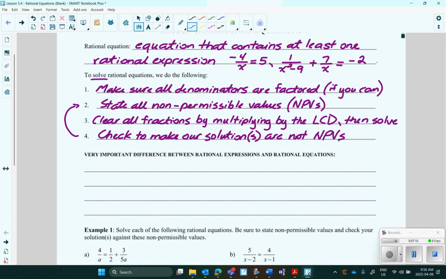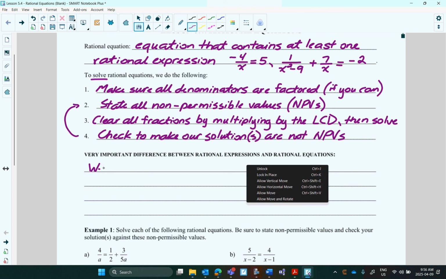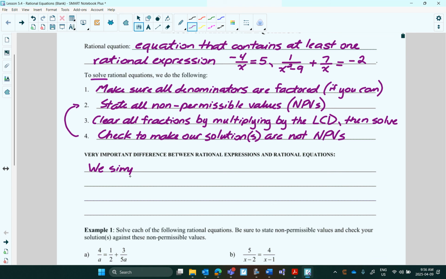And I already talked about this at the beginning. Okay, we simplify rational expressions. But we solve rational equations.